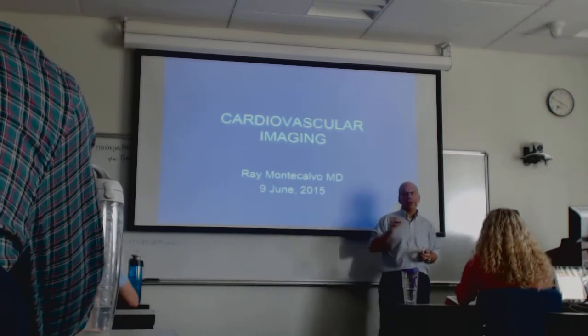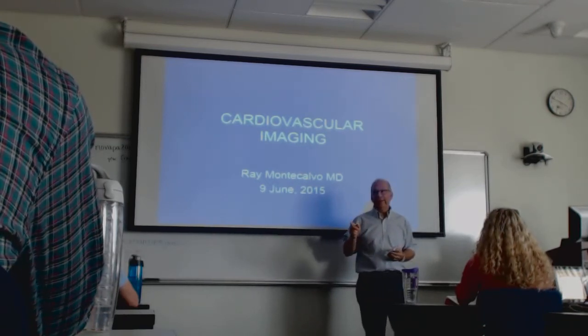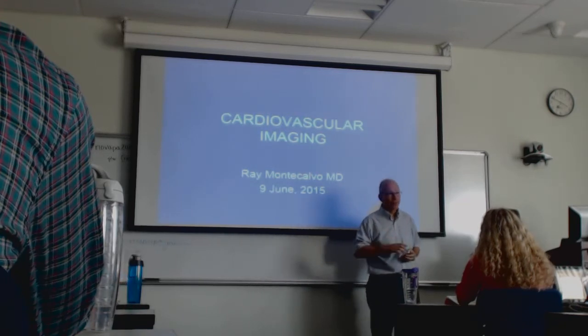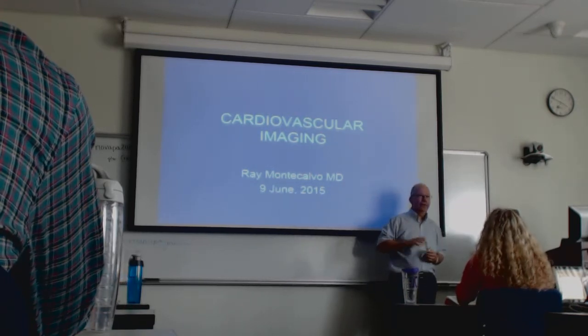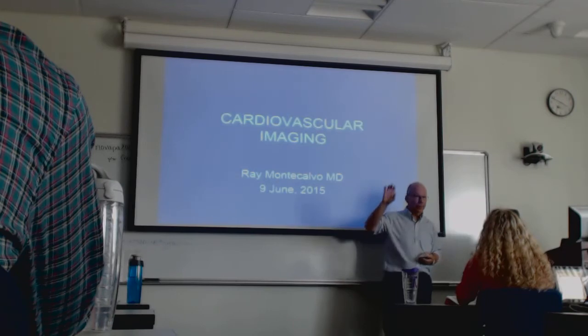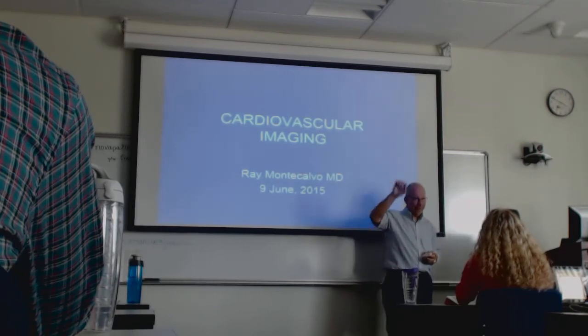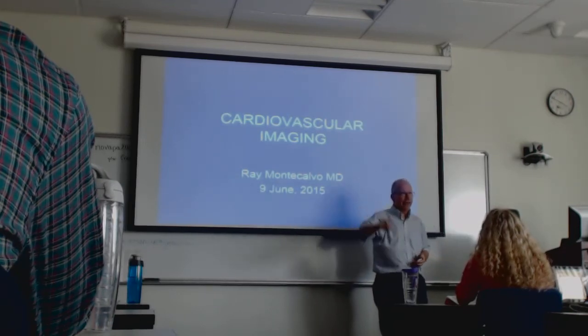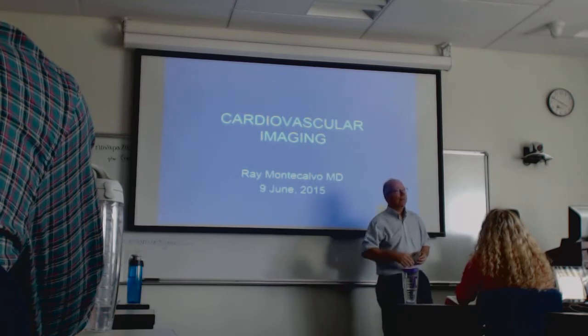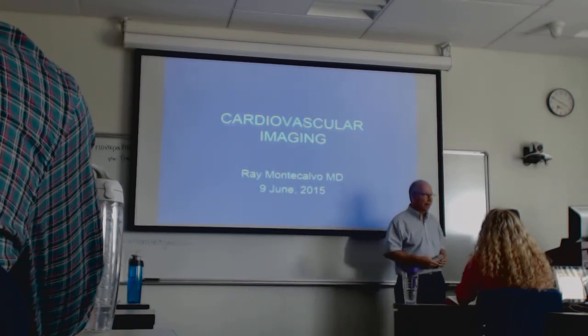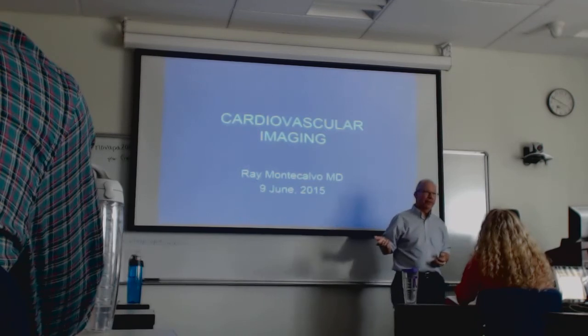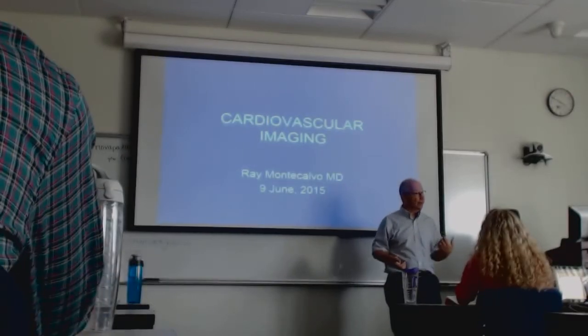So it's really important that you make sure the technologist labels the film appropriately, right and left, because there'll be a label on the film that says L, the patient's left side, and the patient's right side. But this happens not infrequently: the patient has a situs inversus where their heart is on the right side.